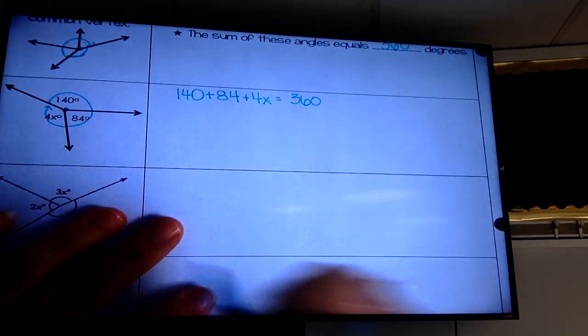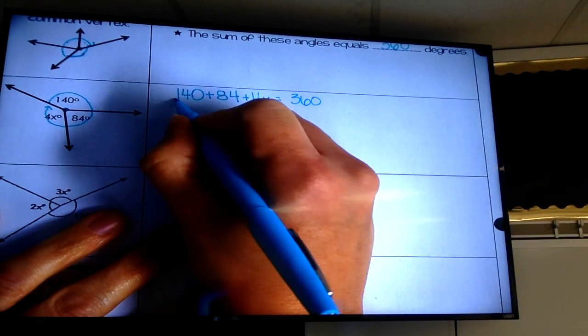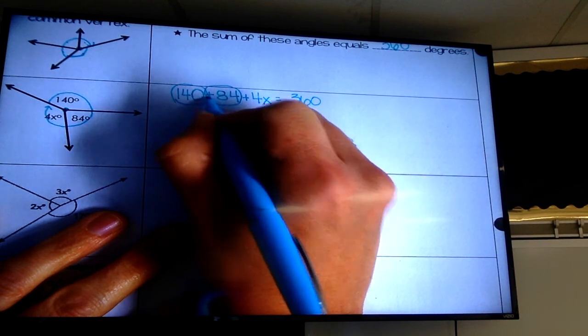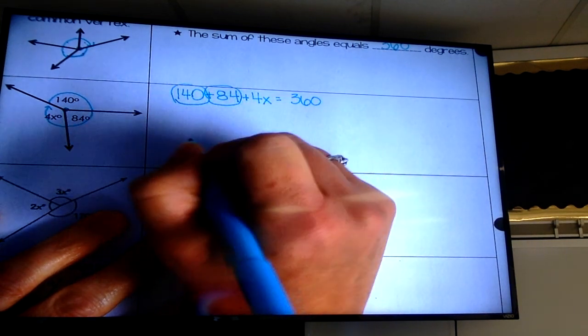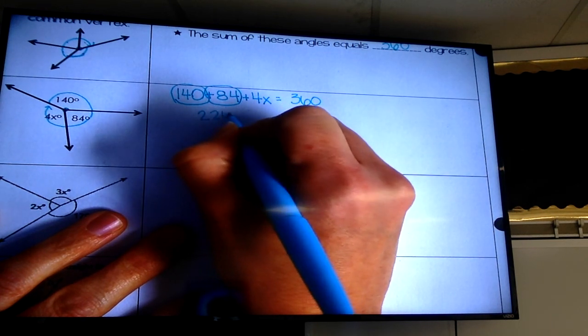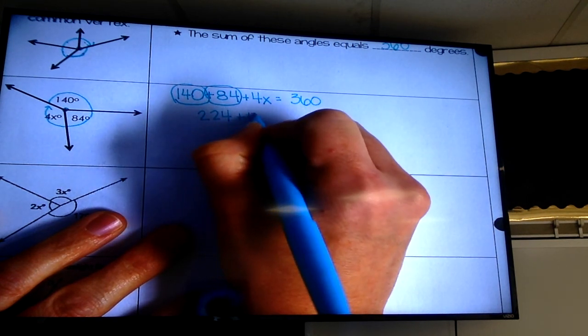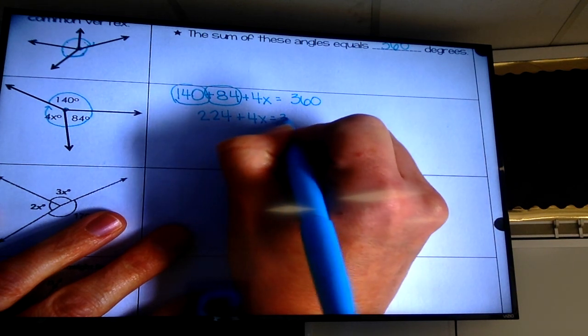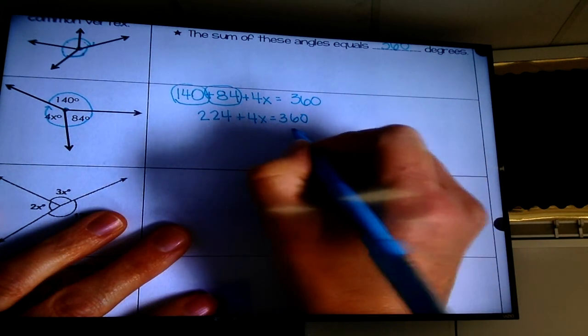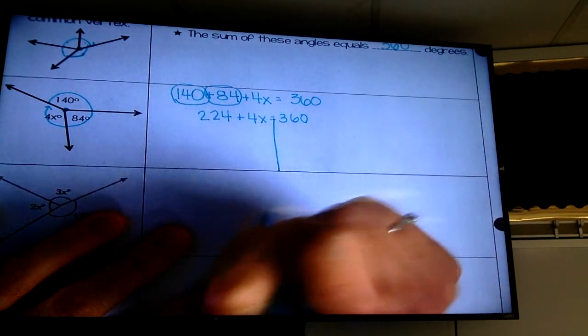Then I go back to chapter 4 and do my solving equations. I'm going to combine my like terms first. So 140 plus 84 gives me 224, plus 4x equals 360. Now I'm going to drop my line and solve.